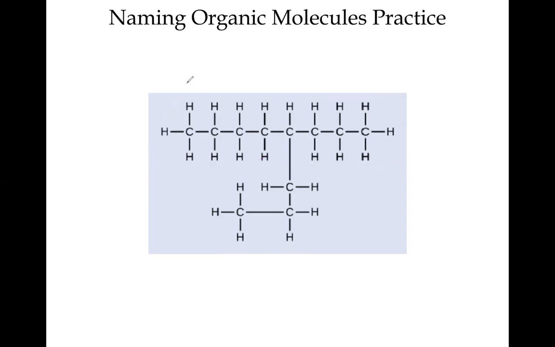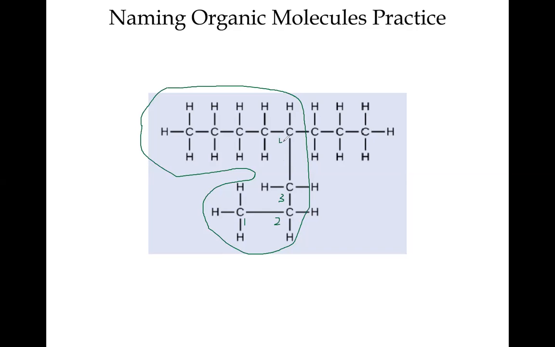Alternatively, we could do this, and number it from this direction, 1, 2, 3, and it's still the 4th carbon. The longest chain is still 1, 2, 3, 4, 5, 6, 7, 8.